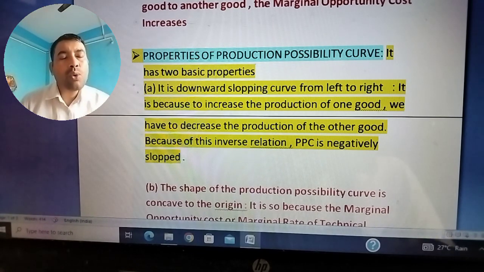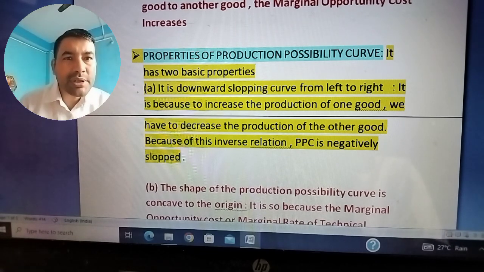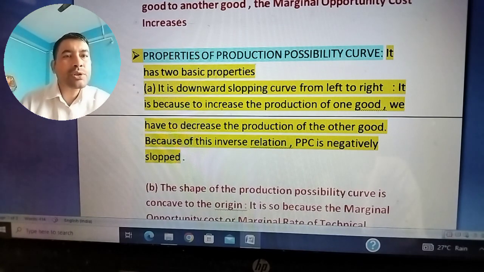So more of one commodity means less of another commodity. Because of this, the production possibility curve is negatively sloped or downward sloping.